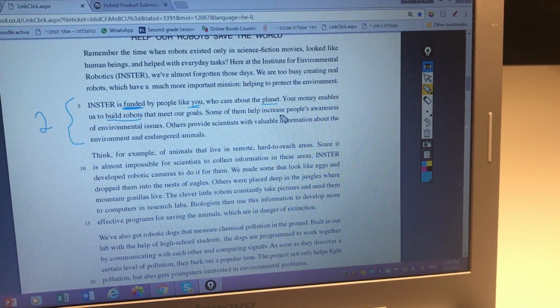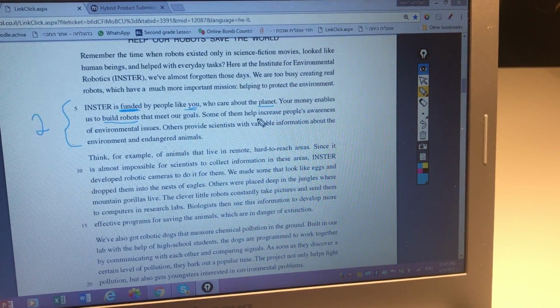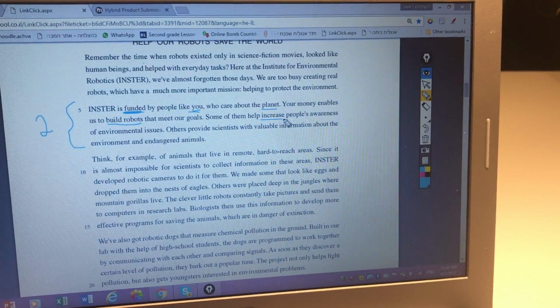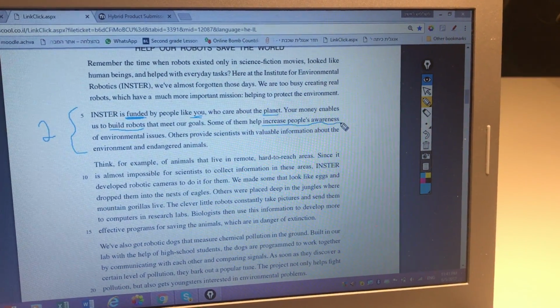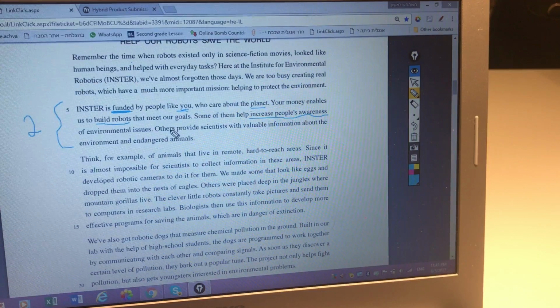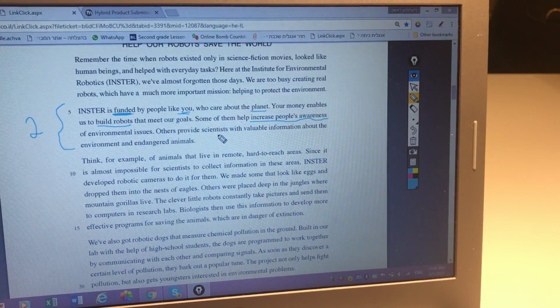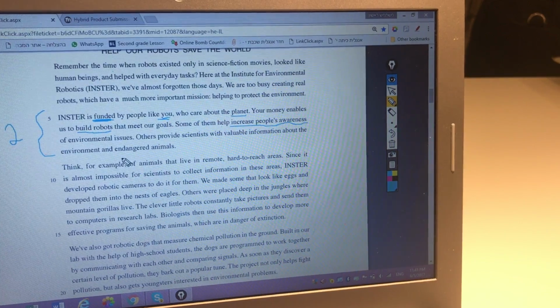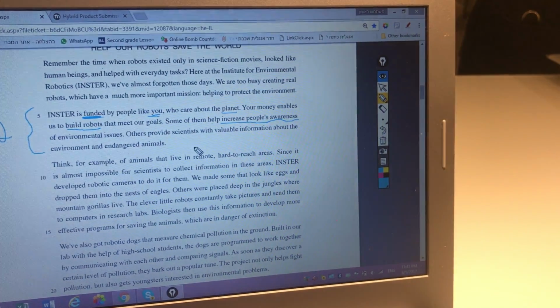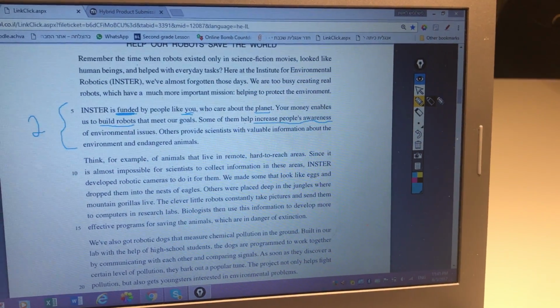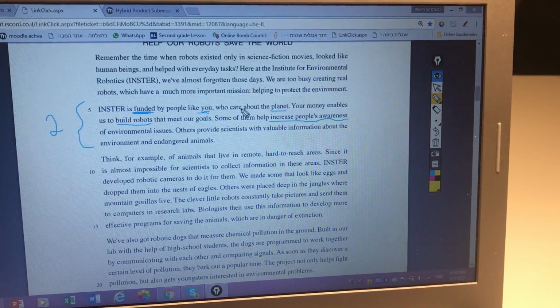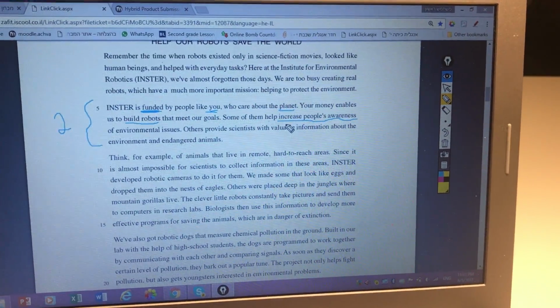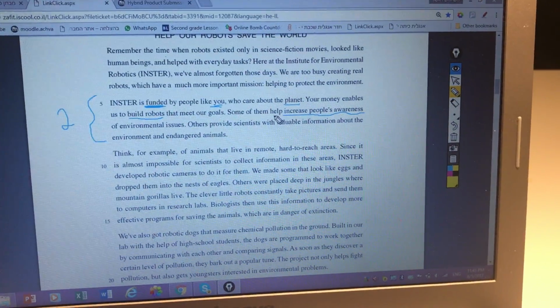Some of them help increase people's awareness of environmental issues. Others provide the scientists with valuable information about the environment and endangered animals. Okay, so here are some big clues that you should write down.